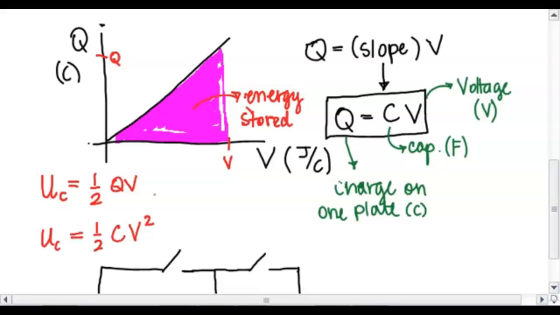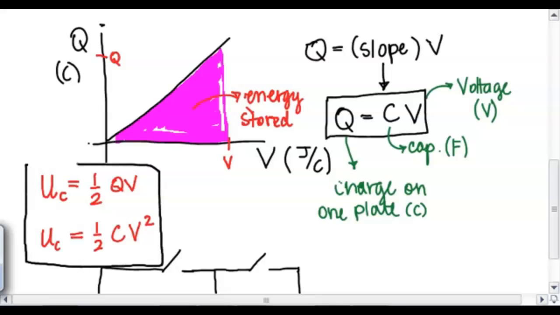So that's why I like the 1/2 CV squared, because it looks like the form of an energy equation. Like they could be cousins, all from the family energy. Okay, so let's put a box around that guy. I think the top one is the one you get on the AP exam, and the bottom one is one you have to come up with by substituting that guy in there. But that's your stored energy.